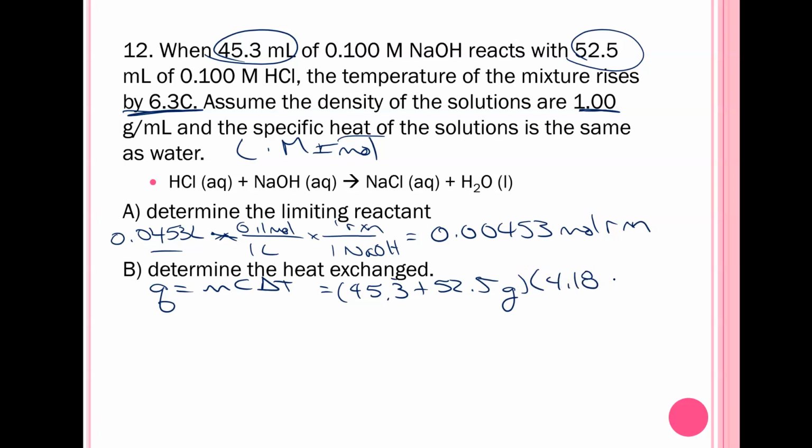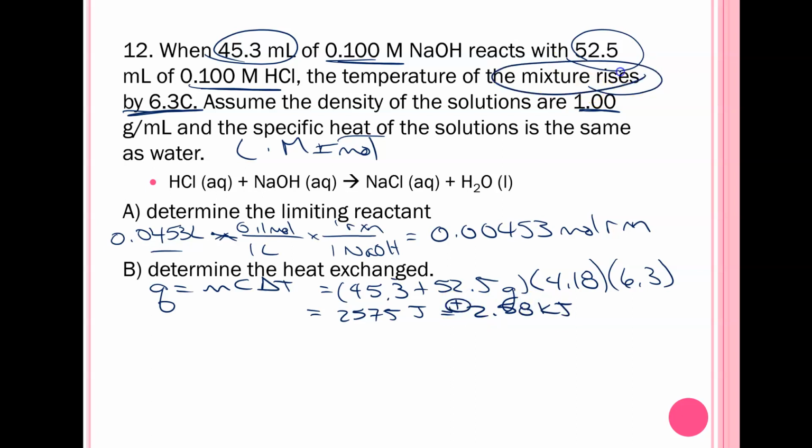Realistically speaking, with this dilute of solutions, they are almost entirely water. There's very little actual HCl or NaOH floating around, and the temperature change is 6.3. So when you do the math, you end up finding that the heat involved is 2575 joules, or we'll put it in kilojoules, 2.58 kilojoules. And notice it's positive. The temperature went up. Okay? It took in heat. The surroundings took in heat.